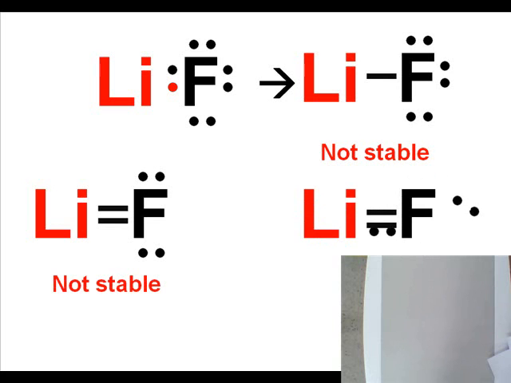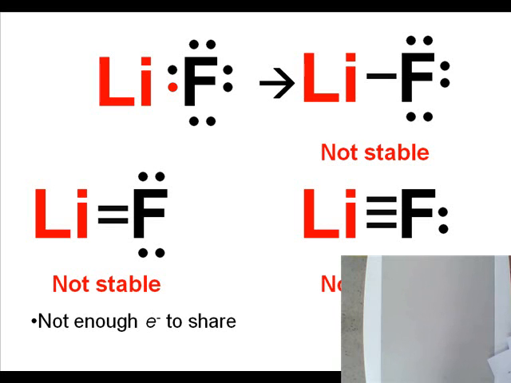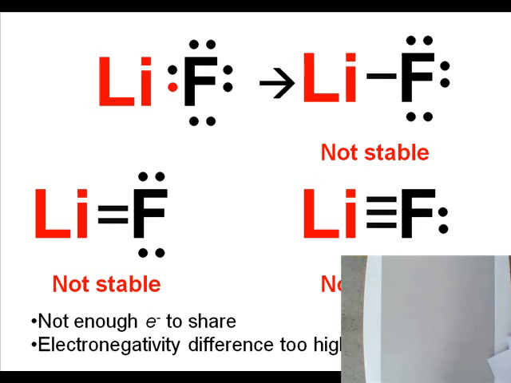Let's take another approach. Why don't we now try and make a triple bond? Once again, fluorine has 8 electrons around it, but lithium only achieves 6 through a triple bond with fluorine. And again, 6 is not considered stable, so this compound will not form. And the reason why is there's not enough electrons to be shared with lithium, and the electronegativity difference is way too high.